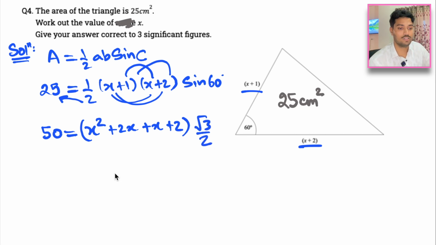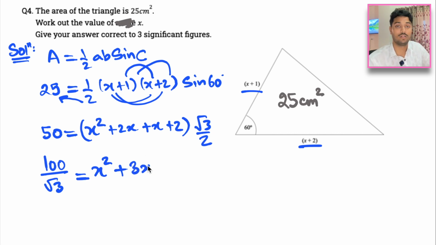Again, this 2 will go to the other side and multiply with 50. So you'll get 100, and root 3 will go in the denominator. So 100 upon root 3 equals x square plus 3x, because 2x plus x is 3x as like terms, plus 2.